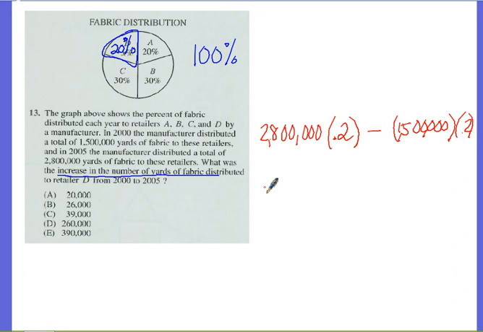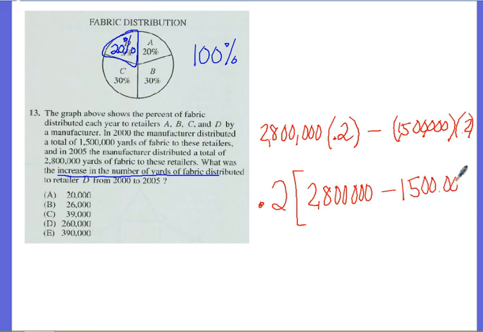So really, you can factor out the 0.2, and in your calculator do 2,800,000 minus 1,500,000, and then multiply it by 0.2. So when you do that, you get 260,000.